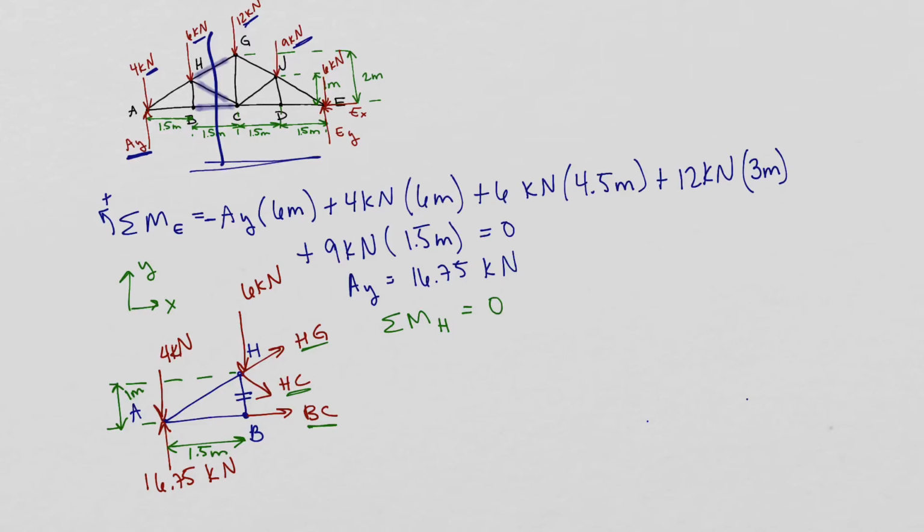So the sum of the moments about H, so we have the force, let's just go in a clockwise direction, so we have force BC, that's times that perpendicular distance times 1 meter, and BC as currently drawn is positive, and we're doing positive is out of the board, so BC times 1 meter, then we have that 16.75 kilonewton force, and the perpendicular distance to that from point H is 1.5 meters.